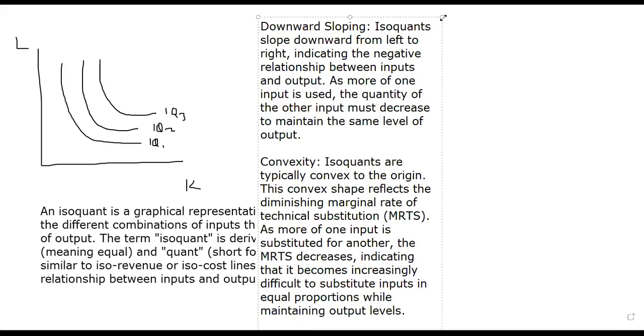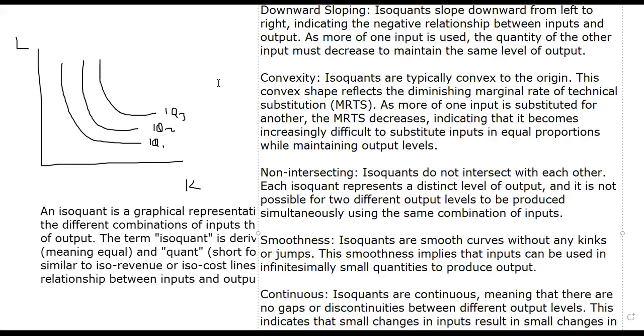Some of the properties that we must know are as follows. Isoquants are what? Downward sloping. They're convex. They're non-intersecting. Isoquants are also continuous. They don't touch the bases. They go down. They are smooth. And an isoquant on top, as we go to the right, offers a higher output than the one below it.